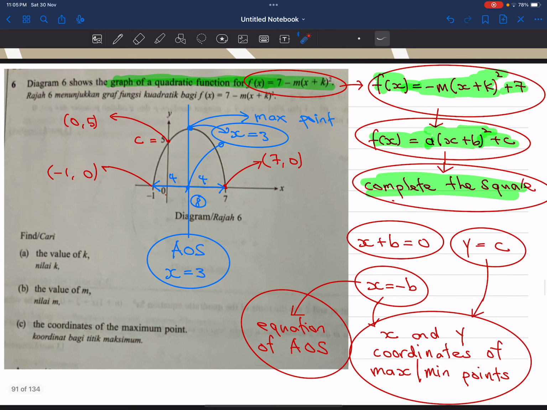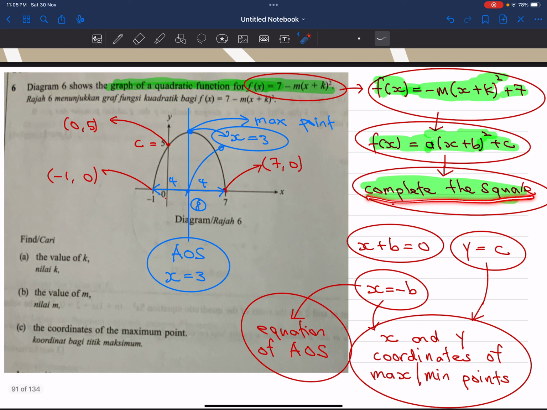And we know that in complete the square, the number outside the bracket, c, is the y coordinate, and to get the x coordinate, go inside the brackets x plus b, make it 0, you will get the x coordinate.